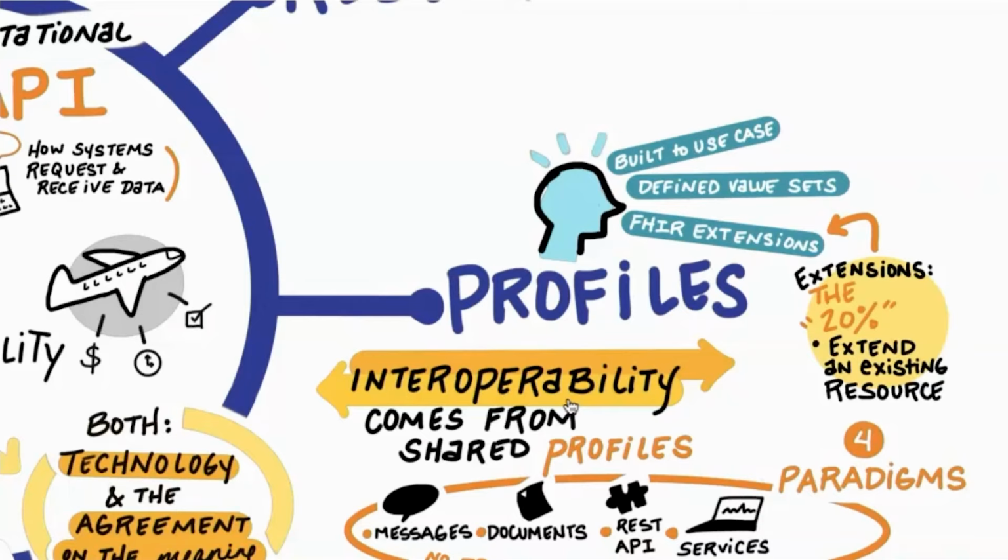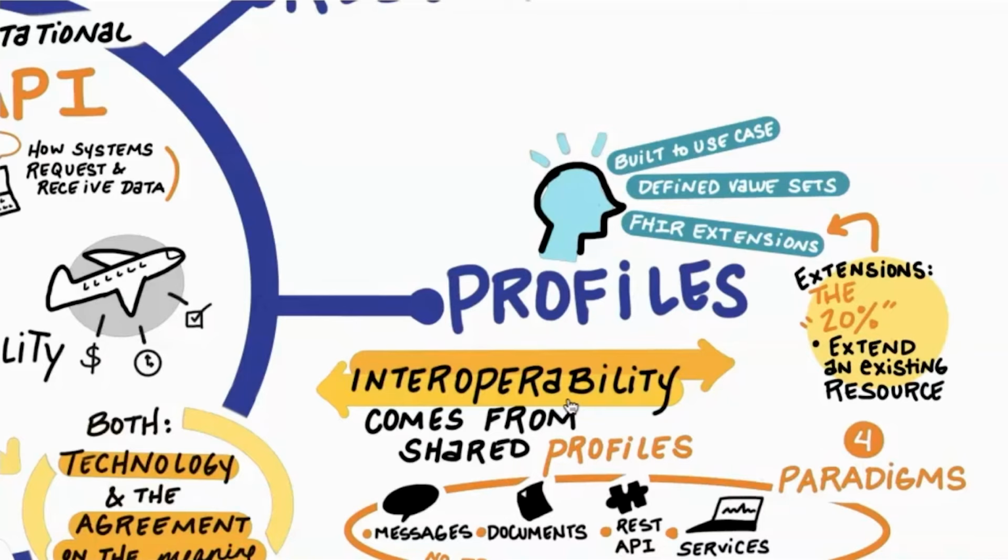It's a rule of thumb. There's no real measurement of exactly 80%, but data elements that are in most systems are represented in the FHIR standard itself. If you have a data element for your use case that you need, you're going to create a FHIR extension. And FHIR extensions extend FHIR resources. So they add a data element to a FHIR resource.